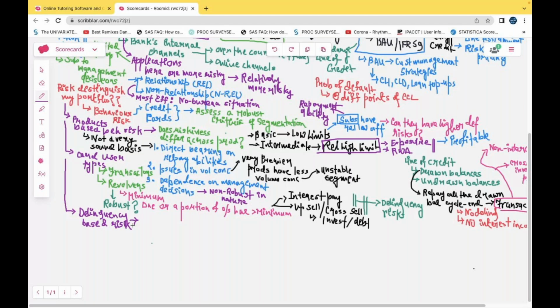It does not consider the ability or the chances of a borrower to miss a payment. If that's the scenario, then some alternate segmentation criteria, something more fundamental, has to be thought about, and that is where delinquency based segmentation comes into play.